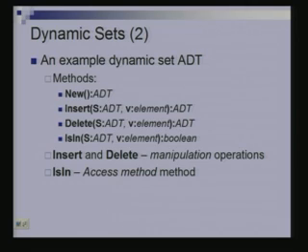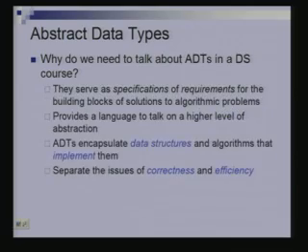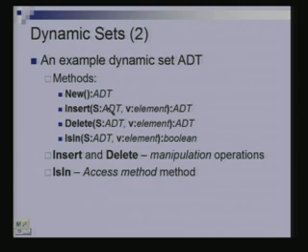What are the kind of methods you would have in a dynamic set? You would have a method to create a dynamic set, that would be the method new. There would be a method insert to insert an element into a dynamic set. S is a dynamic set and this method has two parameters, let us say the set S and the element V, and it gives as a result an instance of the set itself, a new set which now includes the element V in it.